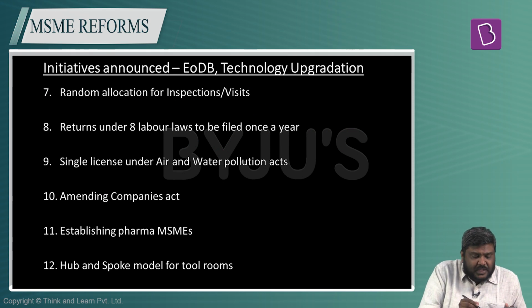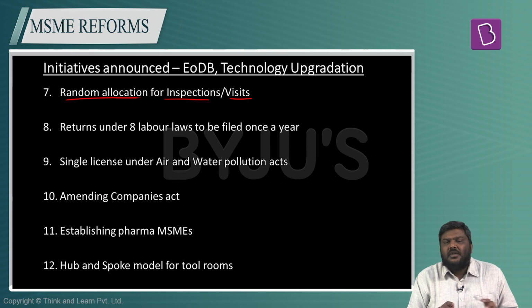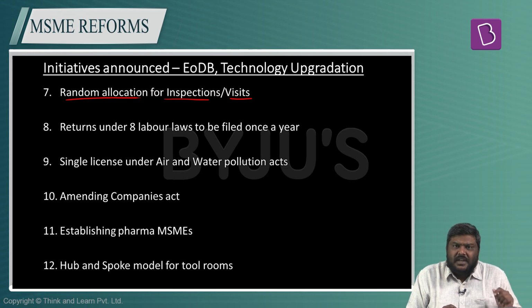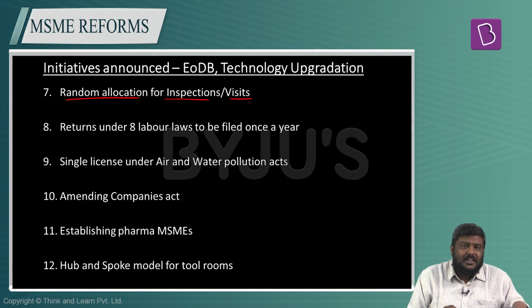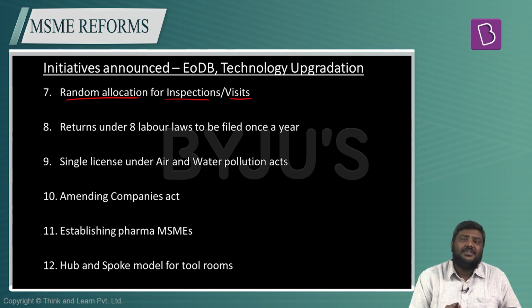The remaining reforms are 7. Random allocation for inspections or visits. Earlier there was a term called inspection raj, which simply means inspectors would go to factories and ask for various records which usually are not maintained by these companies or units. This leads to opaqueness in bureaucracy as well as corruption, as a result of which we use the term inspection raj.